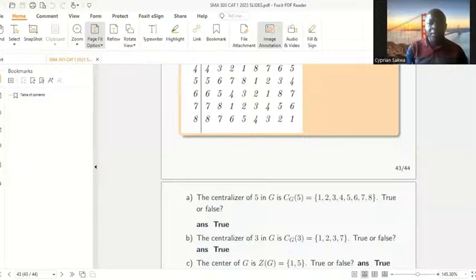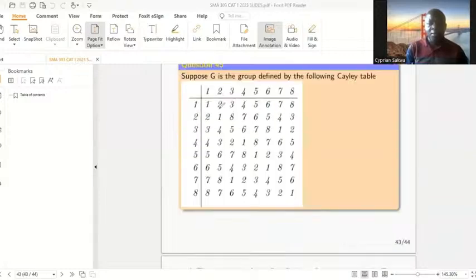Which elements commute with 5? Just check. 1 times 5 is 5. What about 5 times 1? 5 times 1 is 5. What about 2 times 5? You can see it's 6.